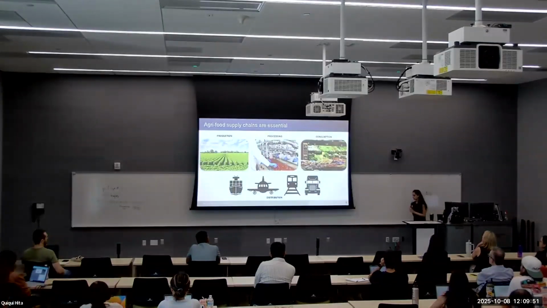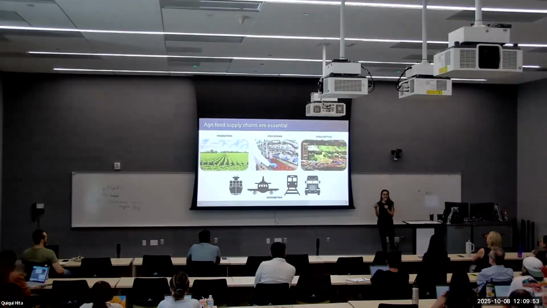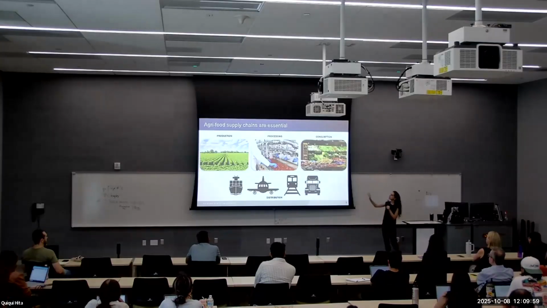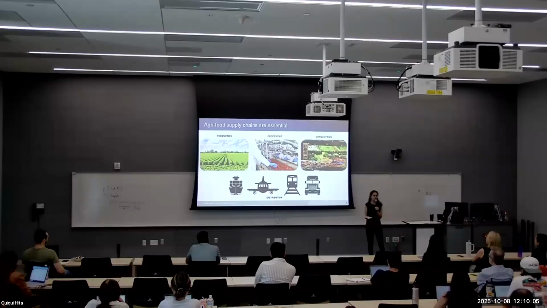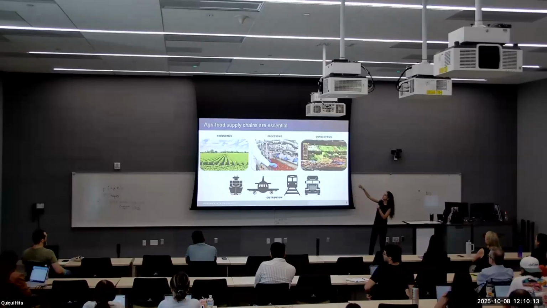All right. I'm sure you all are aware that food supply chains are essential for humanity, right? They consist of three major steps along the supply chain: production, processing, and consumption of essential goods. But along every step, we have a distribution network that connects production to processing, processing to consumption, sometimes even production directly to consumption, right?